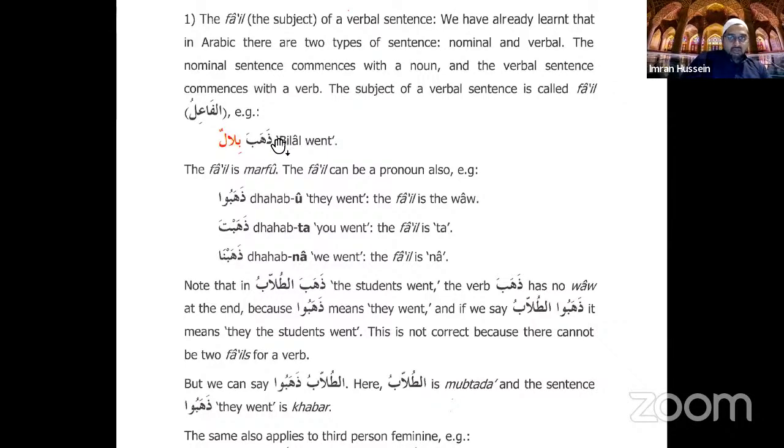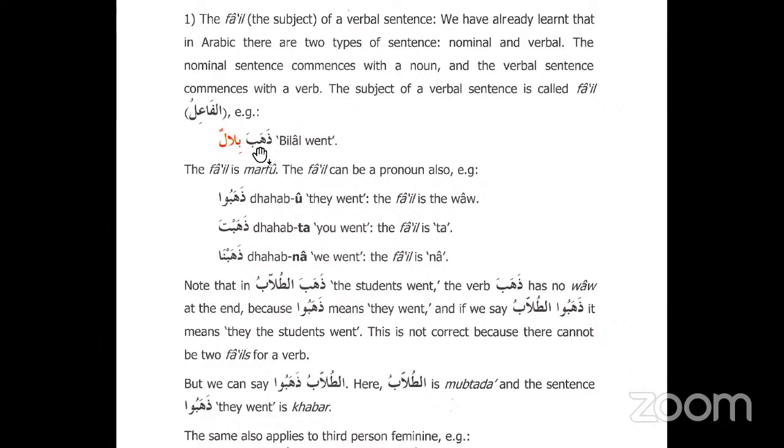And when a verb starts, then the noun, the doer of the verb, comes after, which is called al-fa'ilu. And al-fa'ilu is always marfu, meaning with a dhamma or a dhamma tanween. So dhahaba Bilalun. So who went?